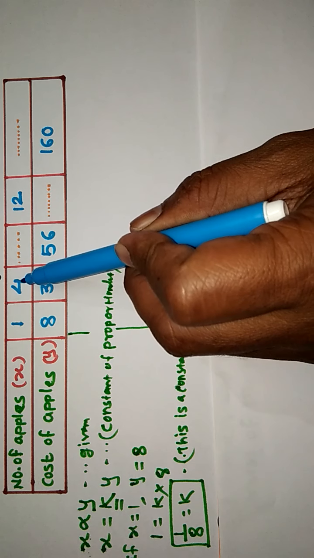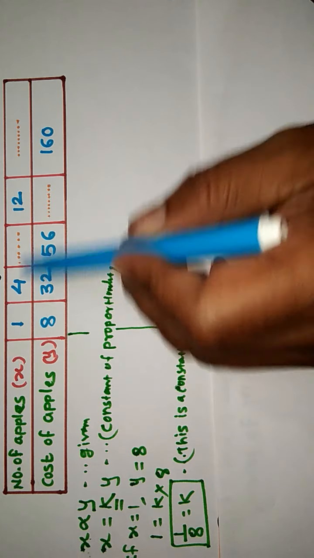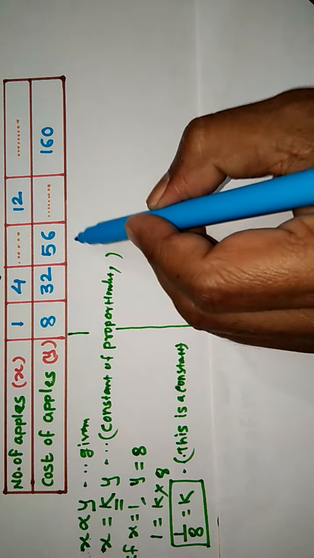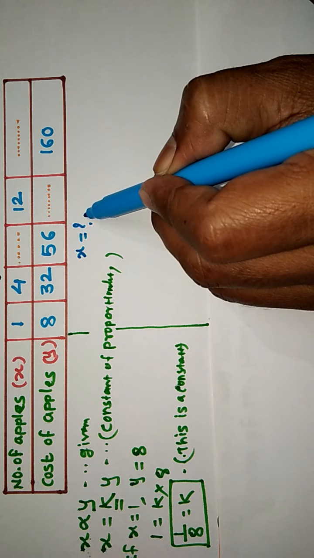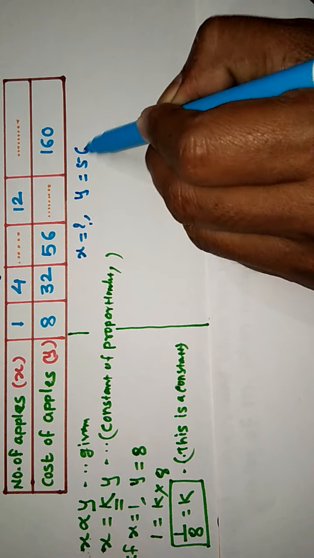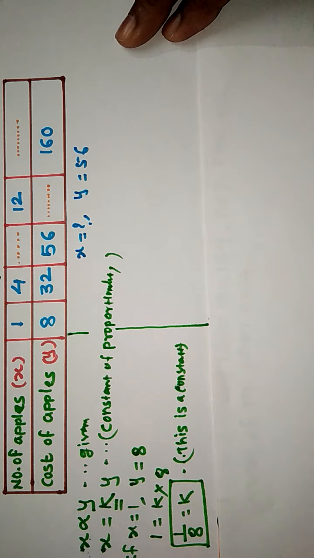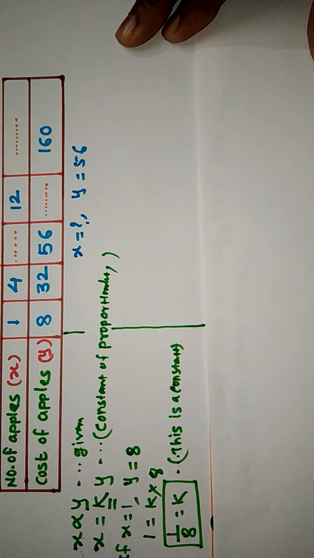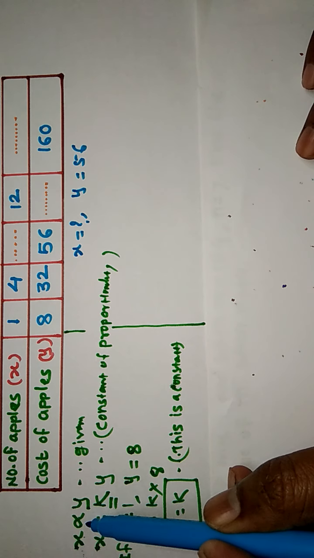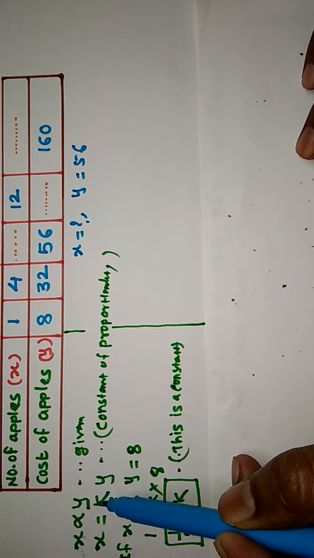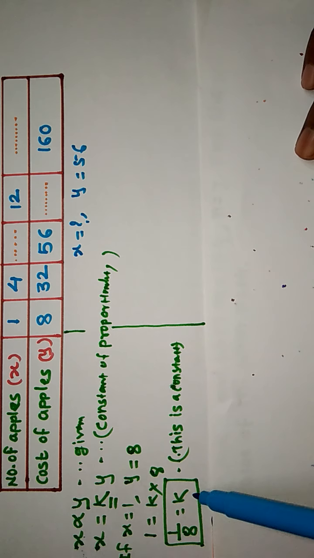Now see the table. The number of apples is not given. X is what we aim to find, and the cost is given, which means y is equal to 56. First we write down the given variation, take k as a constant, substitute both the values given from the table, and find k.